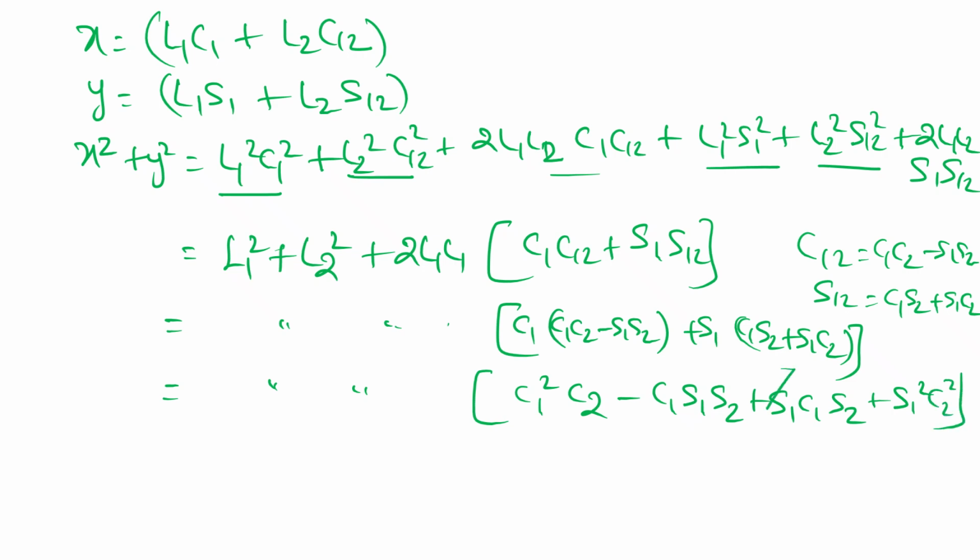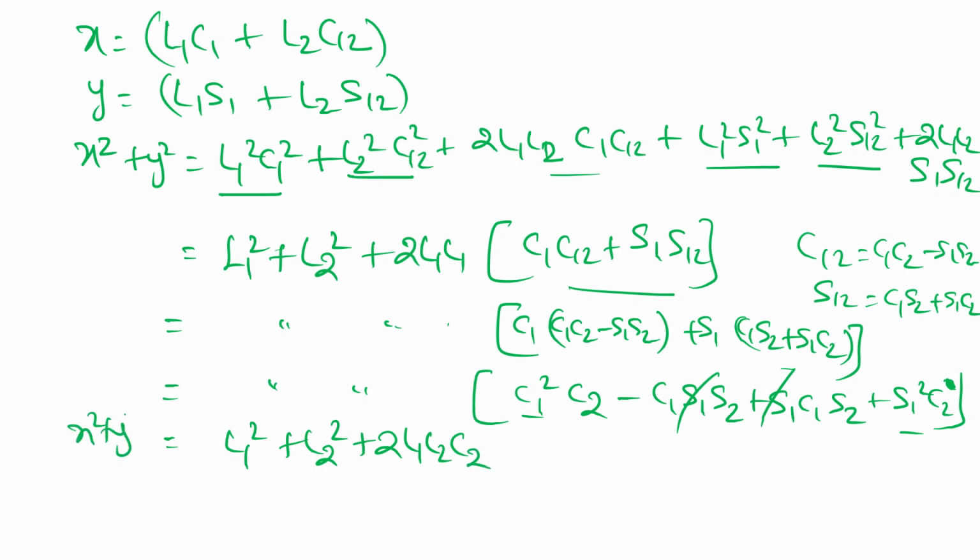The cross terms cancel. The common term is C2, and C1 square plus S1 square is 1. So the entire term simplifies to C2. So now L1 square plus L2 square plus 2 L1 L2 C2 is your x square plus y square.